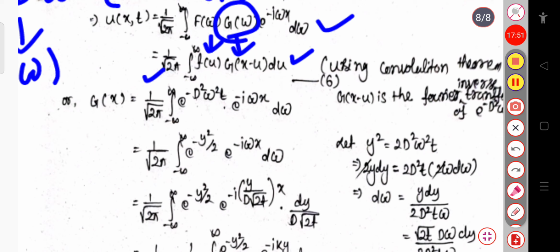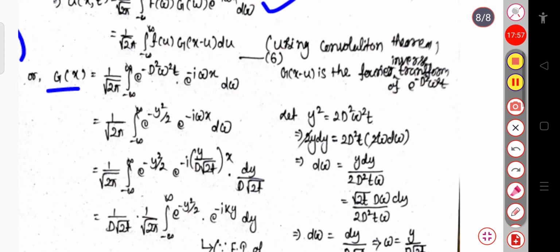The value of g of x we can write as 1 by root over 2 pi integration minus infinity to plus infinity, where our function is exponential minus d square omega square t, into which we multiply exponential minus i omega x into d omega.